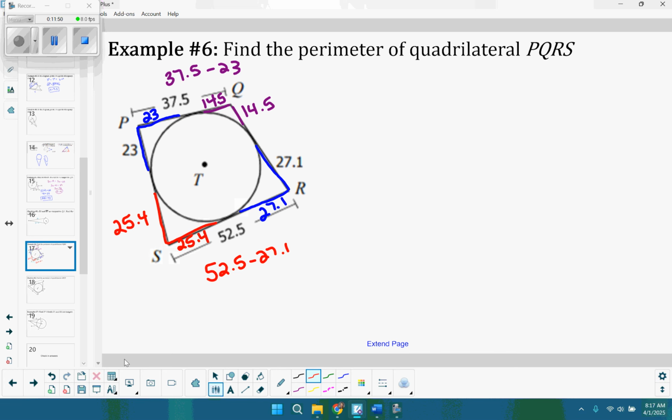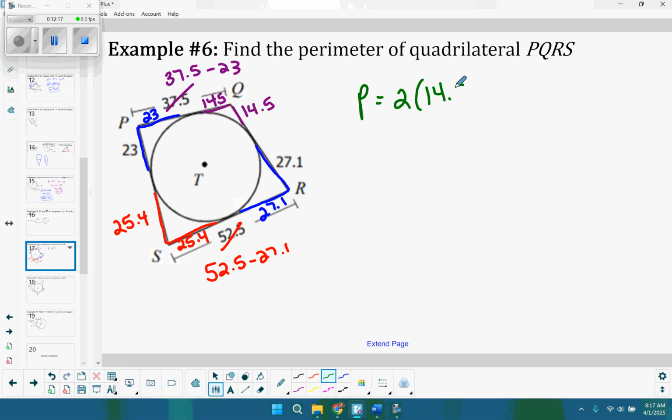When I do my problem like this, I'm going to now ignore any of the big side numbers. They've served their purpose to give me the little pieces, and now they're done. To find the perimeter, I'm going to add up all of the little pieces. And because there's 2 of every single number, what I like to show is 2 times, and now I'll add up 1 of each.